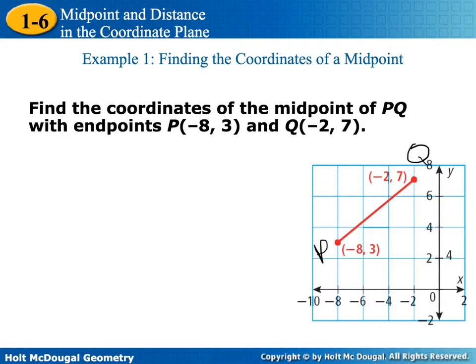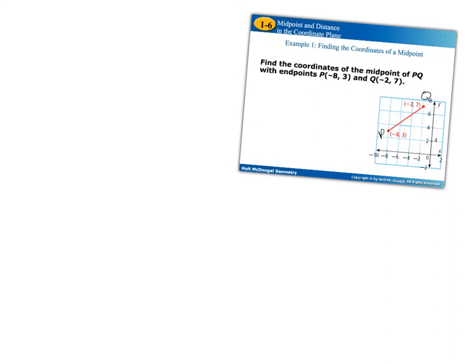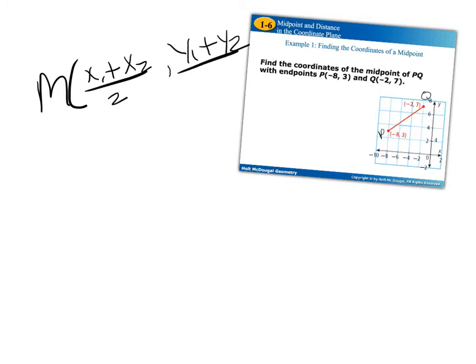So the formula for a midpoint is x1 plus x2 over 2, comma, y1 plus y2 over 2. So what I'm going to do, since they give me P first, I'm going to say this is point 1 and this is point 2.